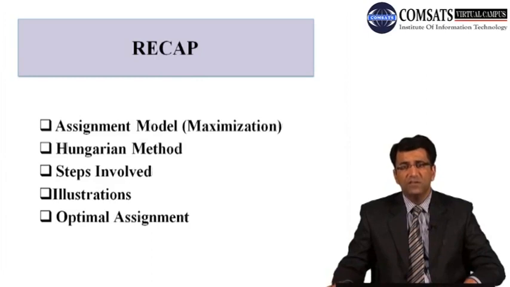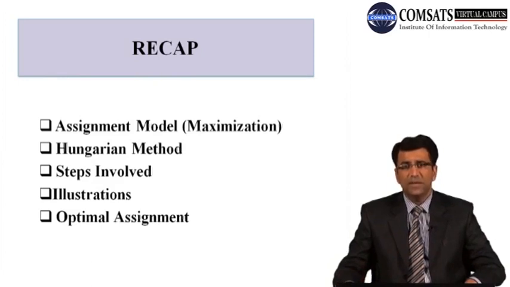So if initially there is more than one zero in a column, we can initially leave this column. We continue this process until all the zeros are either assigned or crossed. This is very important: we have to repeat this step number 3 again and again until all the zeros are either assigned or crossed.